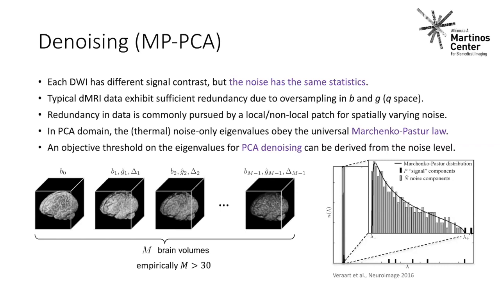So if we identify the minimal and maximal value of this distribution, we can identify the noise components, calculate the noise level, and if we remove them in the PCA domain, we do denoising. An objective threshold on the eigenvalues for PCA denoising can be derived from the noise level. And empirically, we need the number of b0 images plus DWIs to be more than 30. We need more than 30 images.